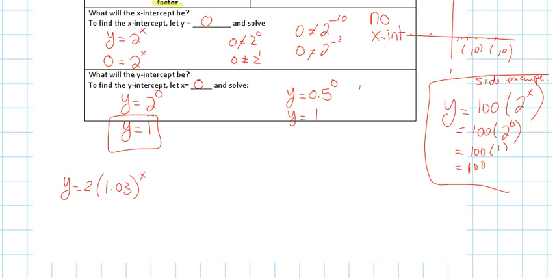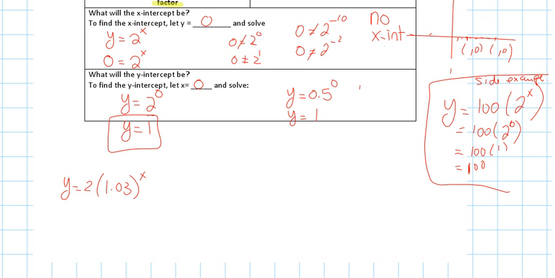Growth. Why growth? The base, which is 1.03, is more than 1. Yes, it's just 0.03 more than 1, but it's more than 1. That's going to be an exponential growth.